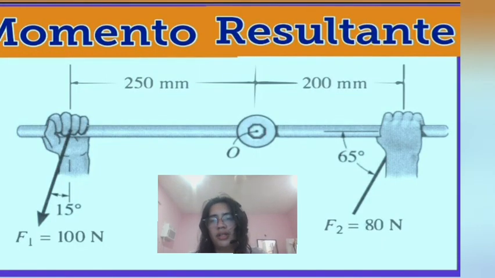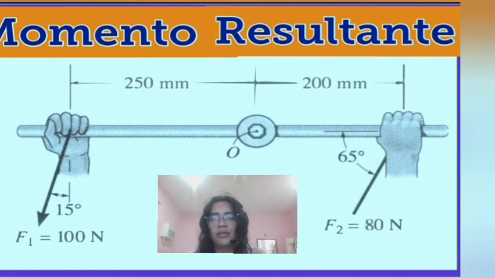Well, as we can see in the image, we have a diagram of torque resultant. We can see that at the zero of the board, we have the axis, and we have two other different torques. The first one with a force of 100 newtons, and the other one with 80 newtons.